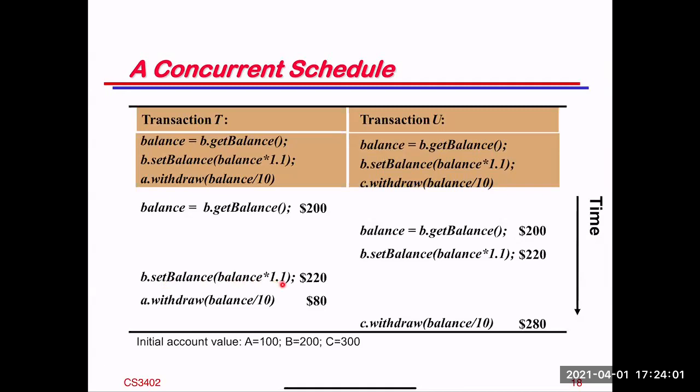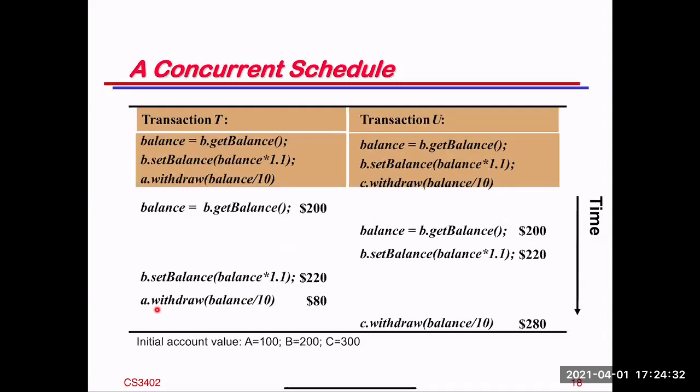I'm also setting the balance of B by multiplying balance by 1.1, and this will now be 220. This is probably not what we want, right? Because something has happened since the last time you read this balance from B. This is not exactly the same as what we would get if we had executed transaction T by itself.